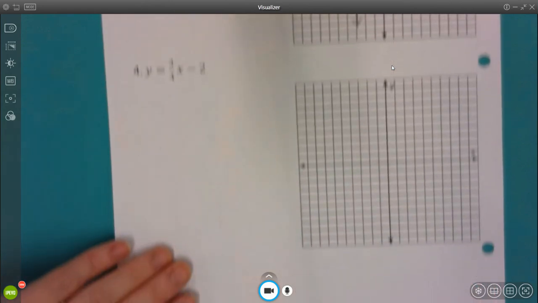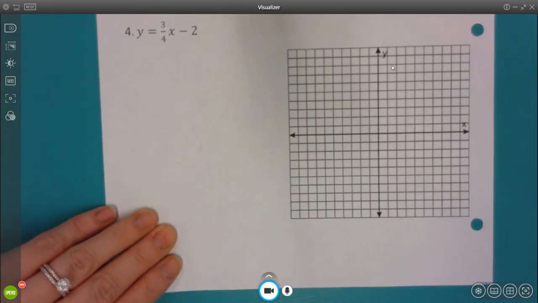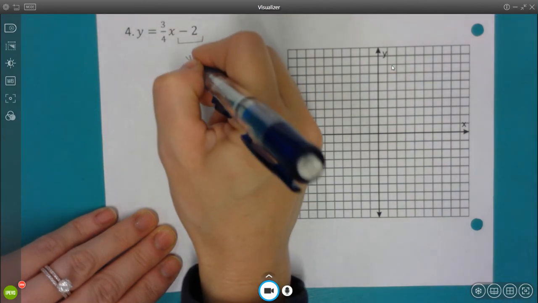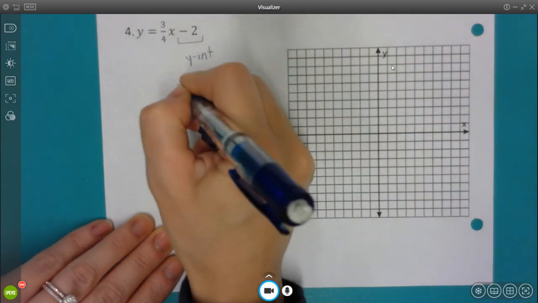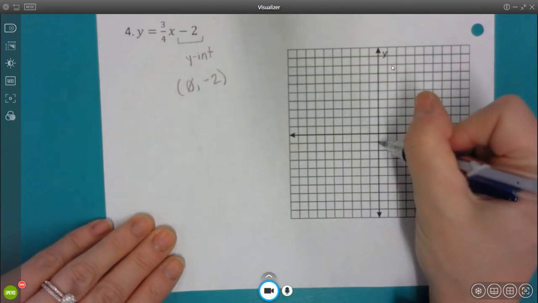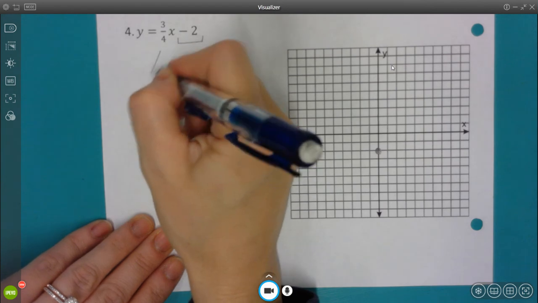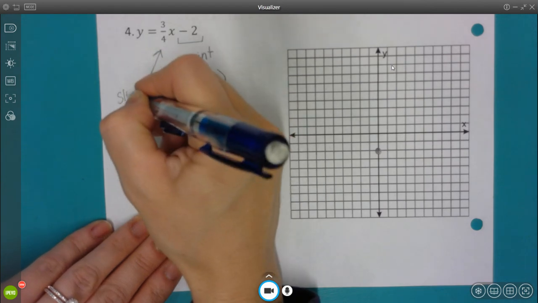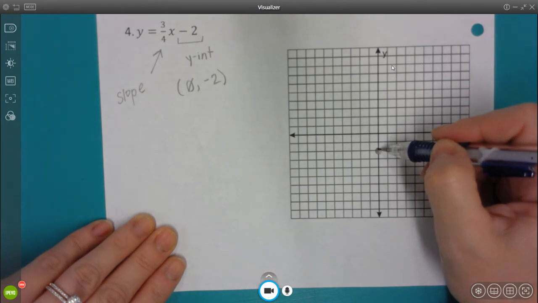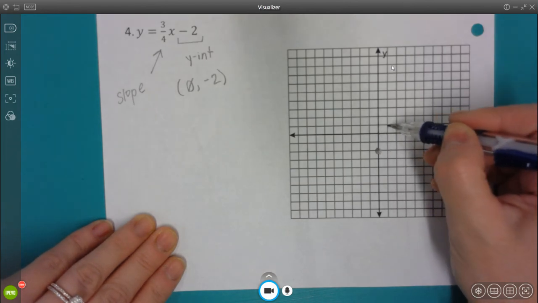All right, last example. So I have slope-intercept form. So I know this is going to help me find my y-intercept. So I'm going to go to the point 0, -2. So there's my y-intercept. And then this is my slope. So I know I'm going up 3 and to the right 4.